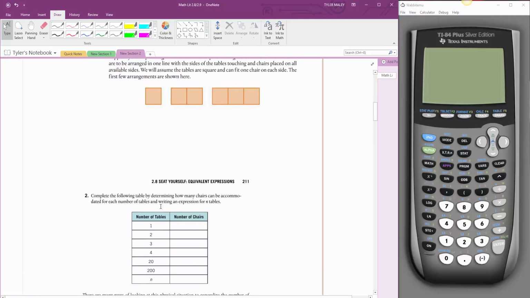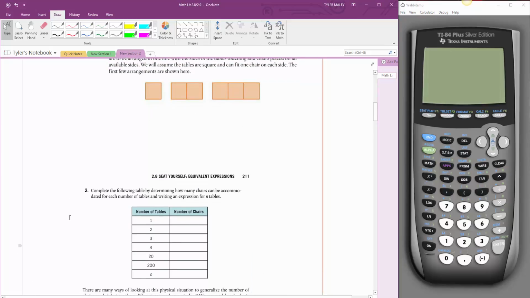So following this diagram, we're trying to fill in this table. It says complete the following table by determining how many chairs can be accommodated for each number of tables and write an expression for n tables. What I would do is first begin just playing around with the pattern. If we have one table, we would be in this scenario.